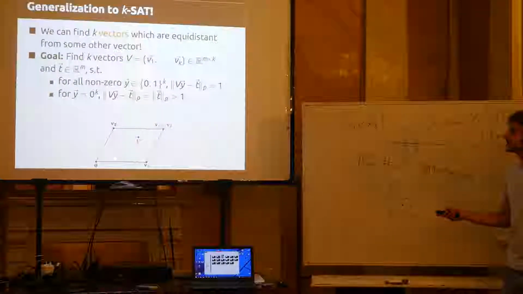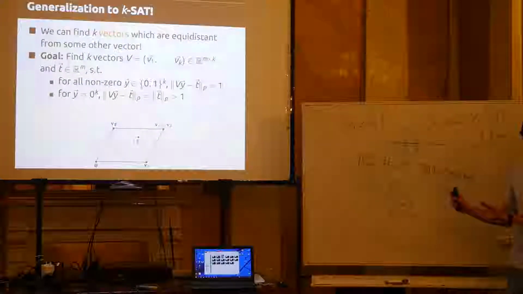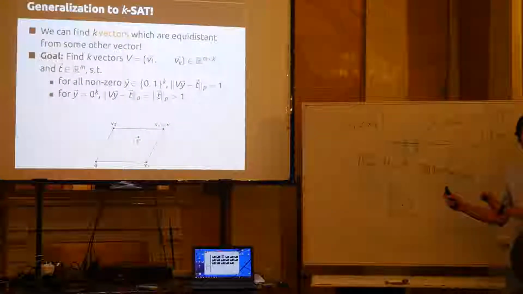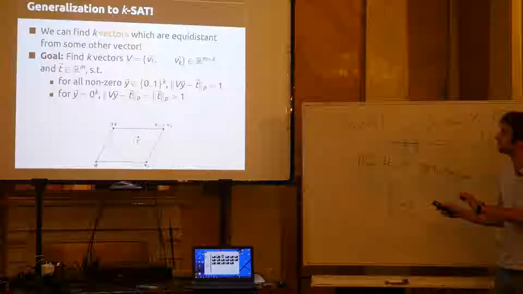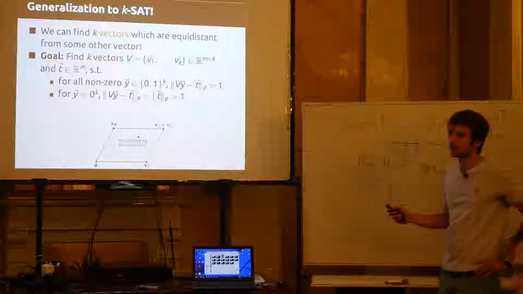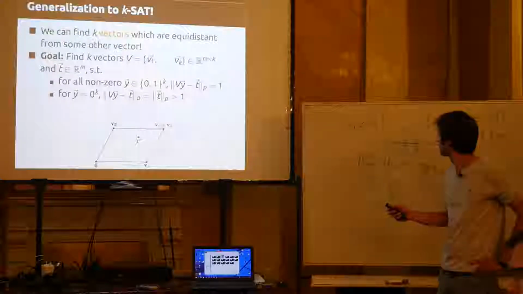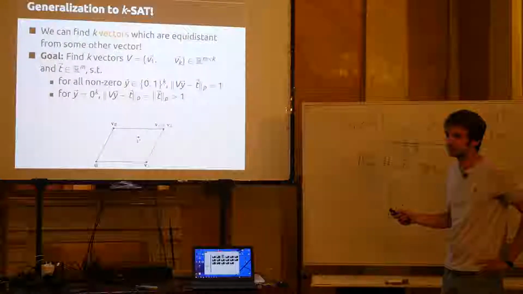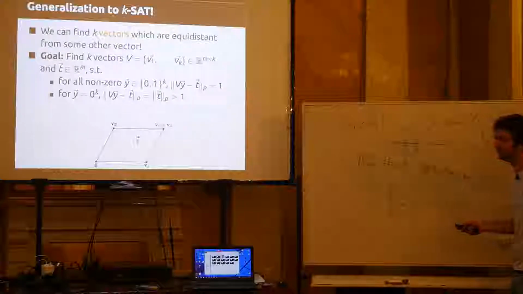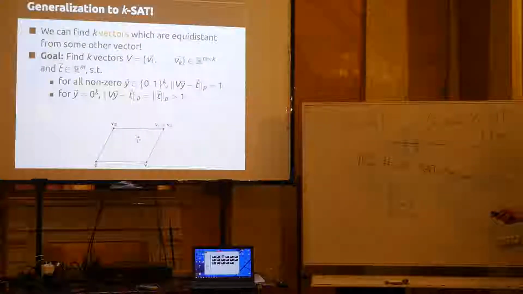But 0 is at a larger distance from the target point. That's exactly the picture that we want to find for every k. This is another solution for case k, right? And yes, this is another reduction for Toussaint, you're right.